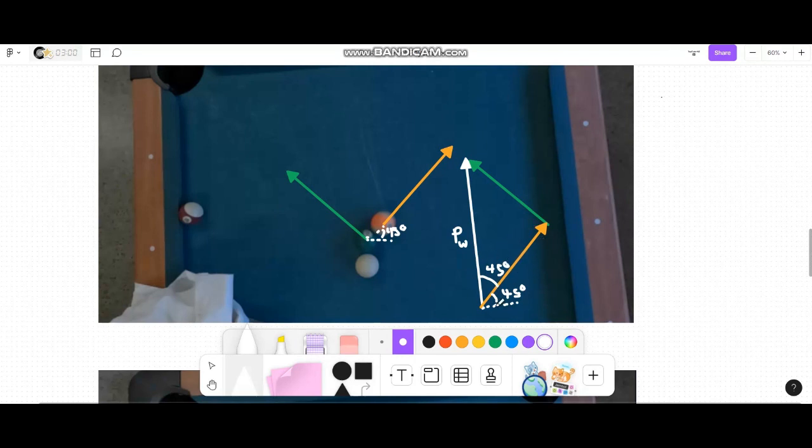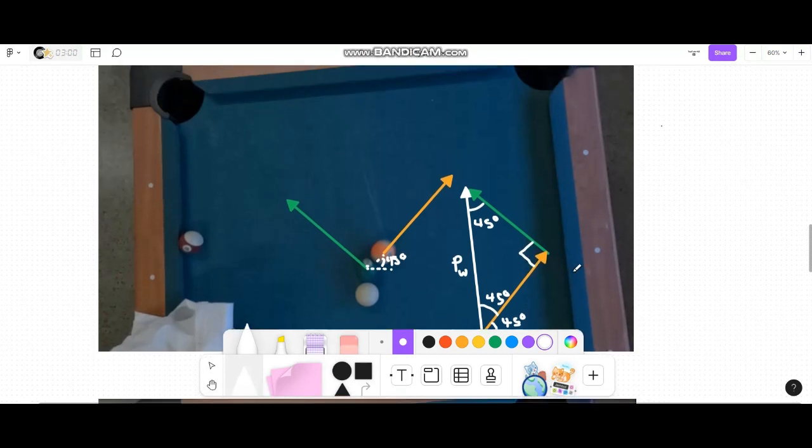So that's the direction of the momentum transfer to the orange ball. And in order to have conservation of momentum, this green ball needs to close the triangle. So this angle here also needs to be 45 degrees, and this angle here will be 90 degrees. That's how the momentum transfer is going to work.